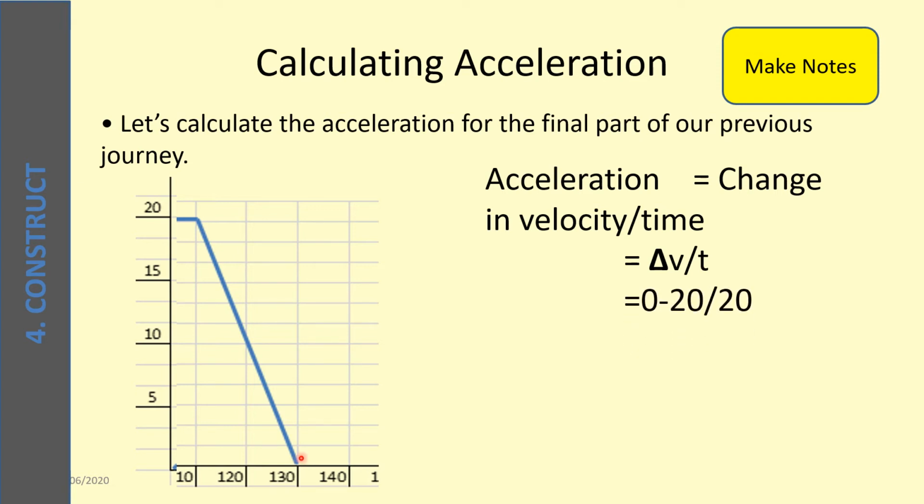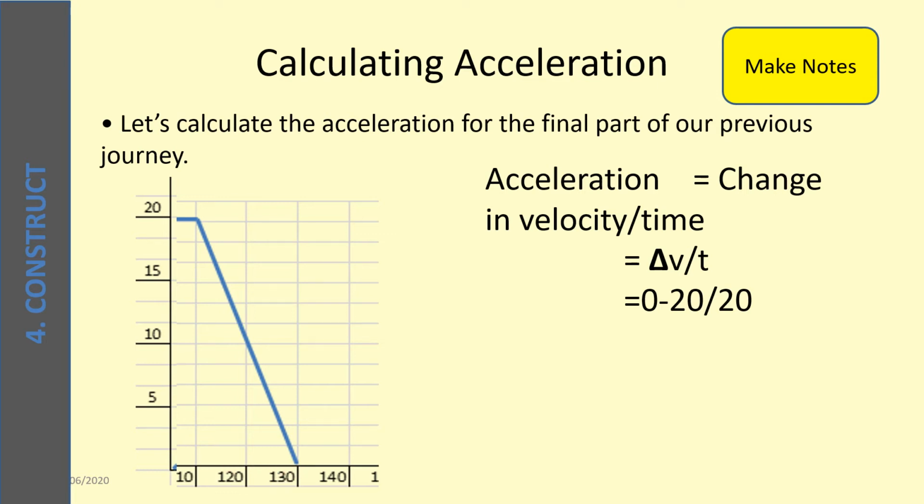Here, the final velocity is 0. The initial velocity is 20 meters per second, and it's this section that we want to work out the gradient of. And the time is read across the x-axis from 110 there to 130, which is 20 seconds.